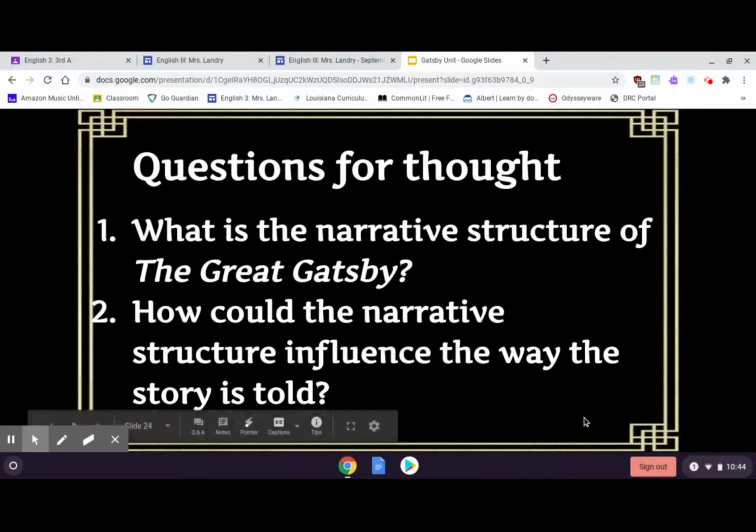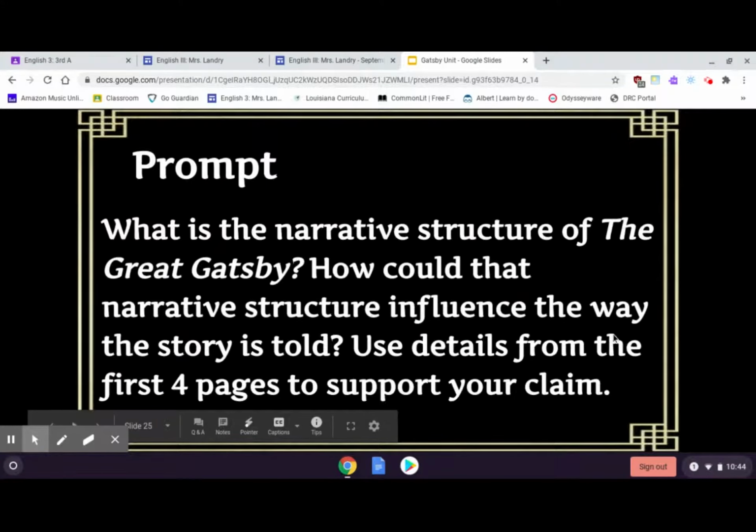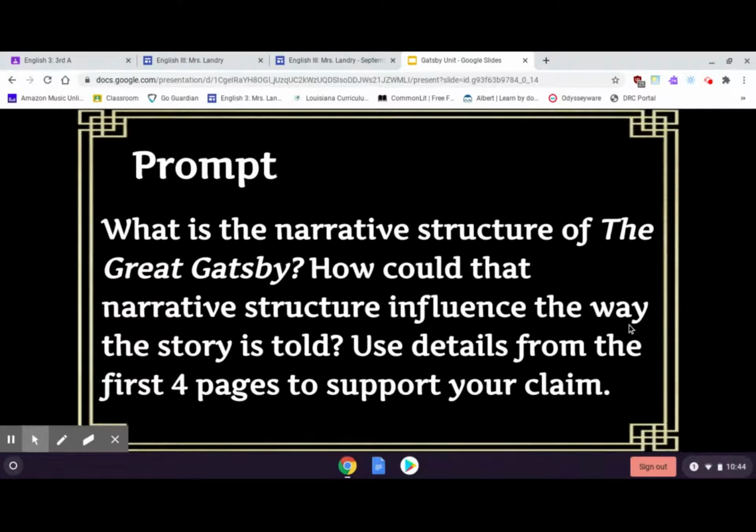And that answers the question, how could the narrative structure influence the way the story is told? We have to remember Nick has a very specific background, and that's going to affect the way he sees what's going on around him and the way he judges or doesn't judge. Now, the prompt is those two questions.